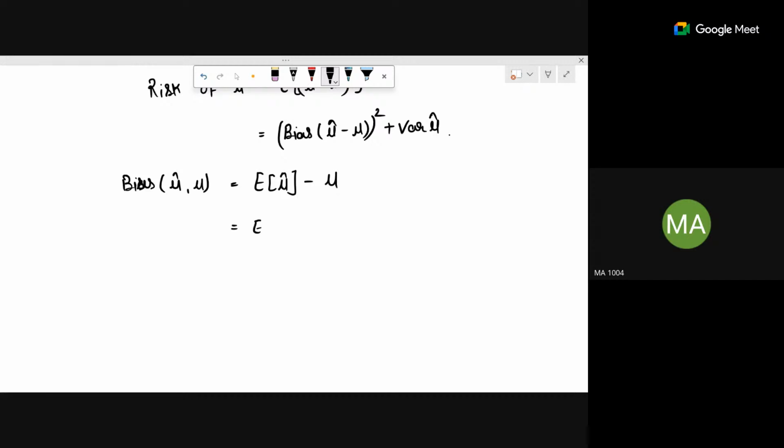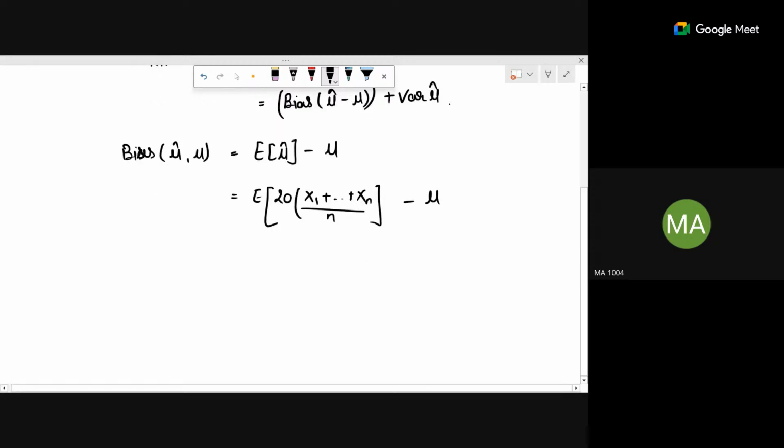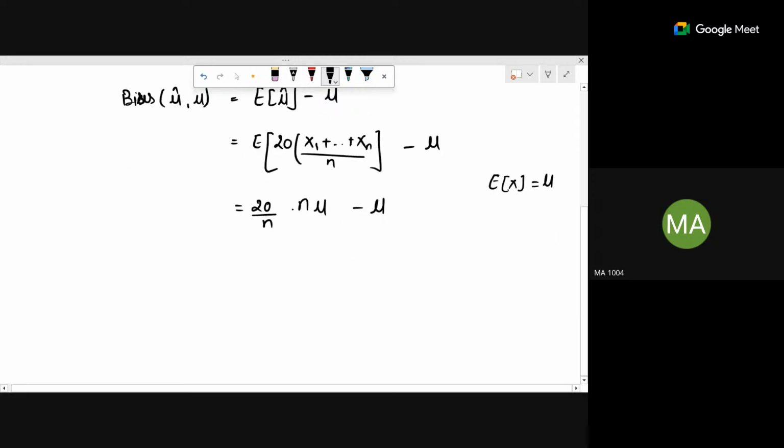That is nothing but expectation of 20 times x1 plus so on till xn, divided by n, minus mu. Once we solve this, 20 by n is constant, then these are n random variables and expectation of xi is given to us, it is equal to mu. So for x1 to xn, it will be n times mu, minus mu. Then n cancels and the remaining will be 19 mu.